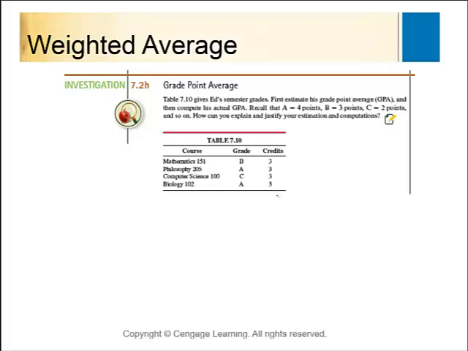Because this example really doesn't do it justice, let's go to this one, and I am going to make this computer science class a 5 credit class and see what this does to my GPA. So this will be 3 times my 3 credit class plus 4 times this 3 credit plus 2 times a 5 credit class plus 4 times a 3 credit.